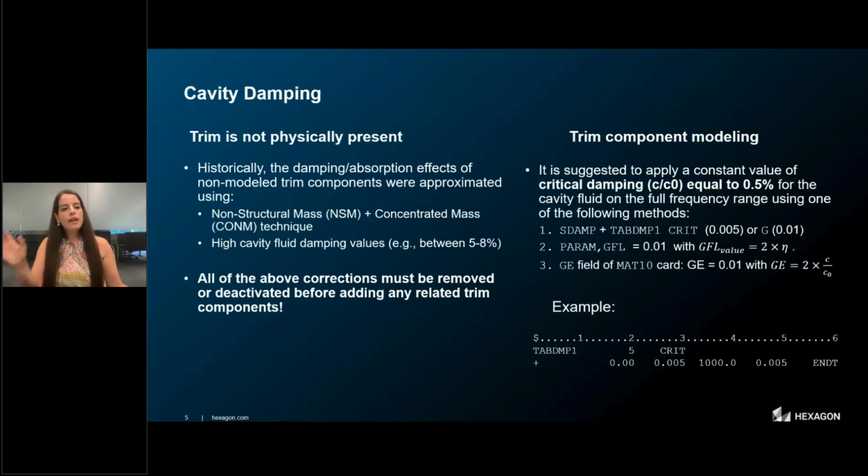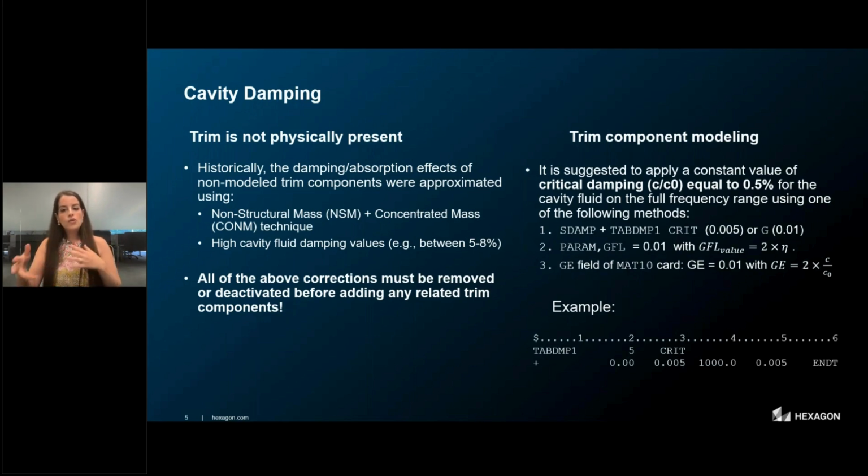So we just covered how the current PEM workflow functions in MSC Nastran, and I would like to show you a little bit how things are done currently. We're dealing with non-modeled trim components, or in the past, because many organizations are actually using the MSC Nastran PEM approach.